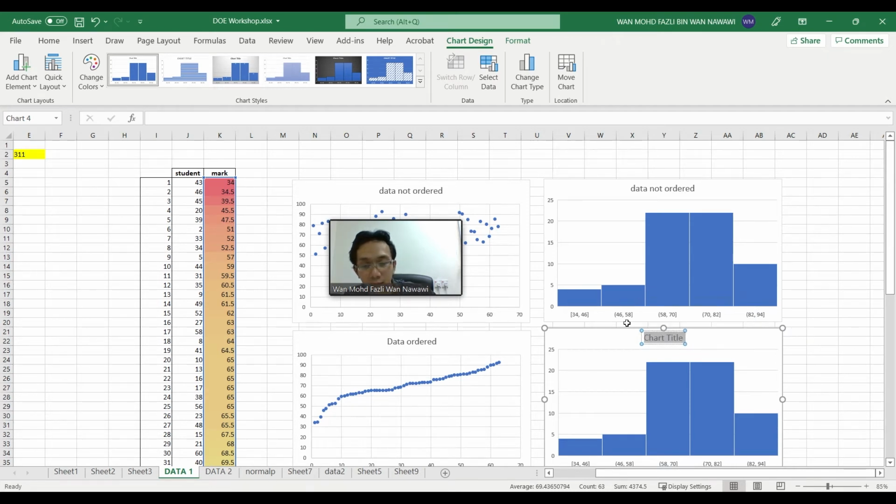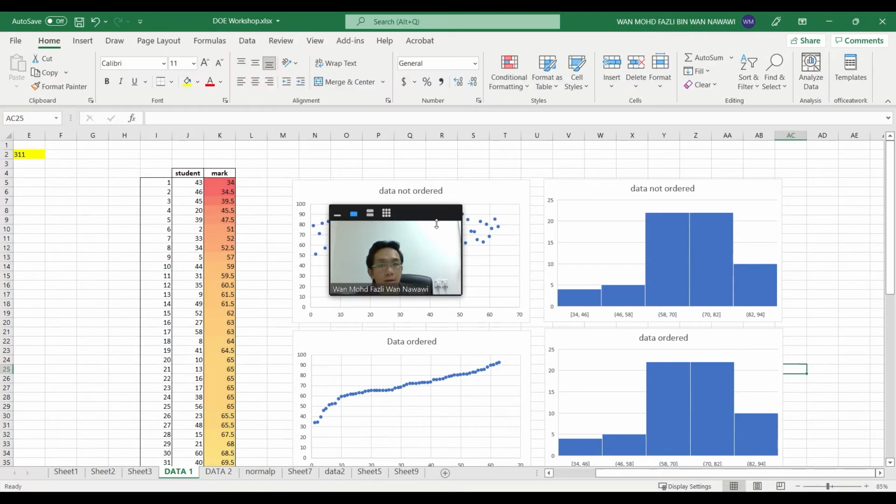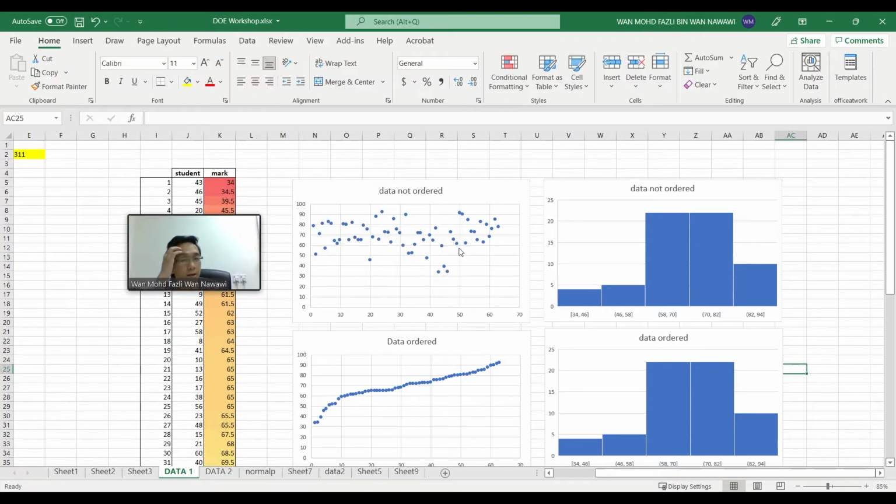So this is the data ordered. You can see this is the graph that you get from the data. The first one we call the scatter plot, and the scatter plot depends on how you order the data. But when we do statistical analysis, more often than not you deal with the distribution, whether it's normal or not.